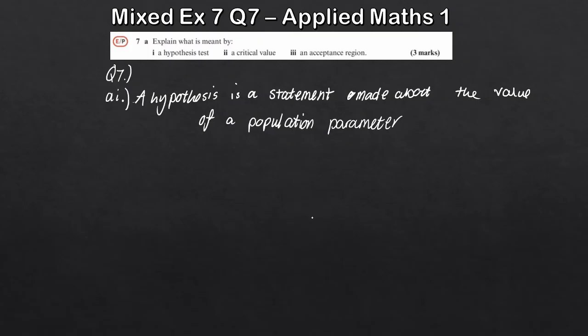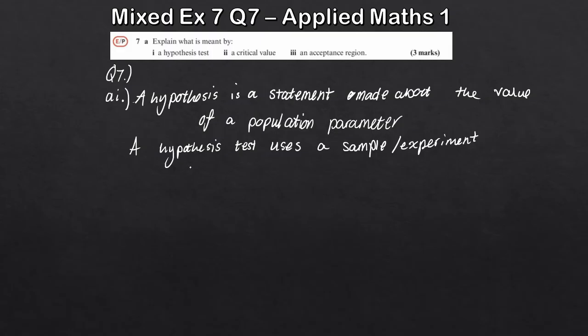So now let's actually define what a hypothesis test is. So we've defined what a hypothesis is. So in that case, a hypothesis test uses a sample or an experiment to determine whether or not we actually reject the hypothesis.